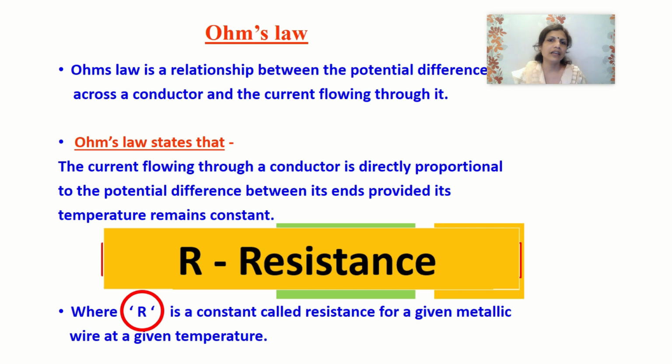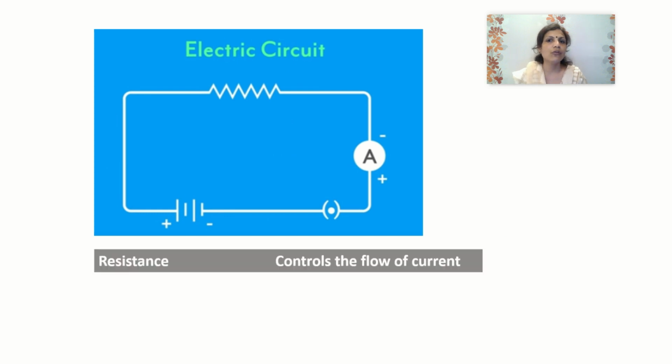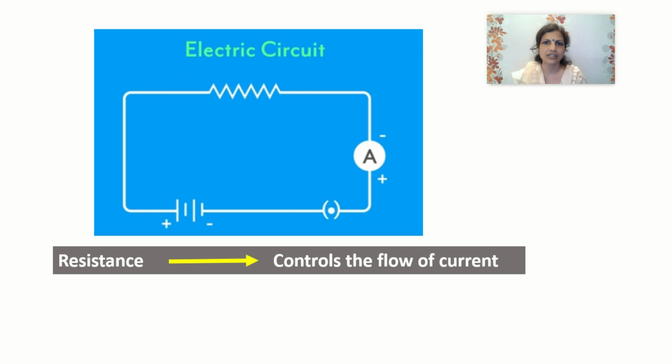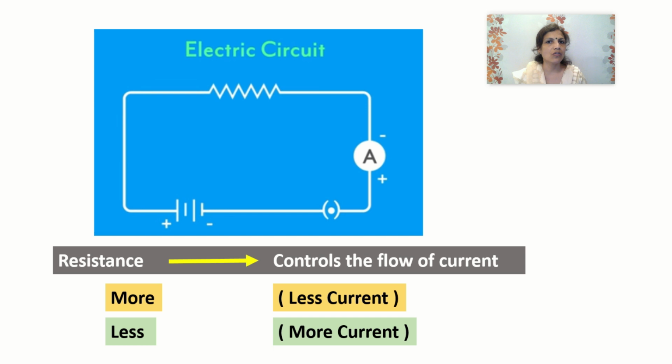In a normal electrical circuit, we connect resistance, and it controls the flow of electric current in the circuit. If the resistance is more, the current flowing through the circuit is less. If the resistance is less, the current is more. So we can say that the resistance of a circuit is inversely proportional to the current flowing through the circuit.